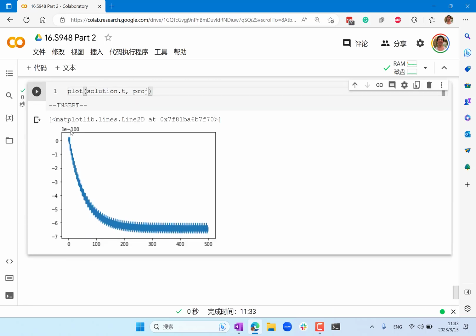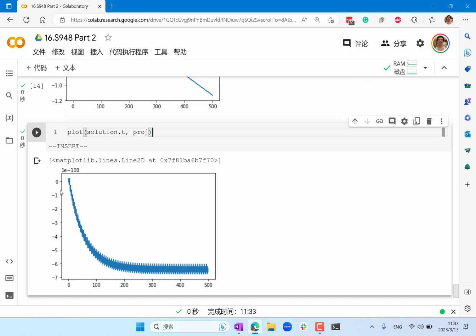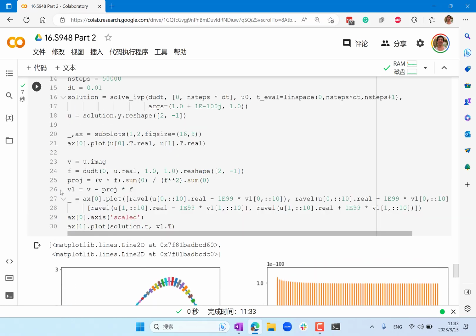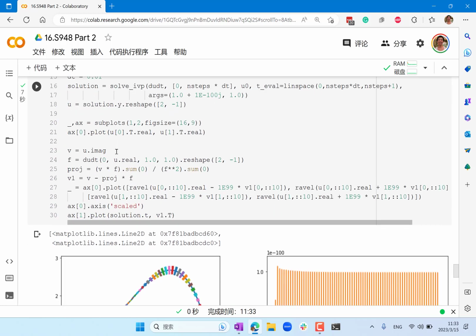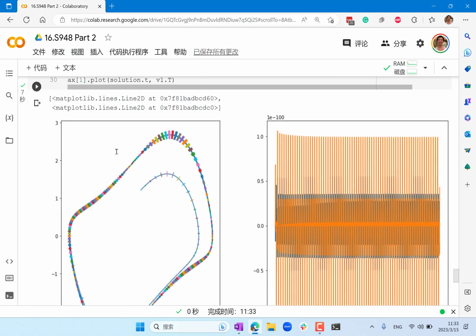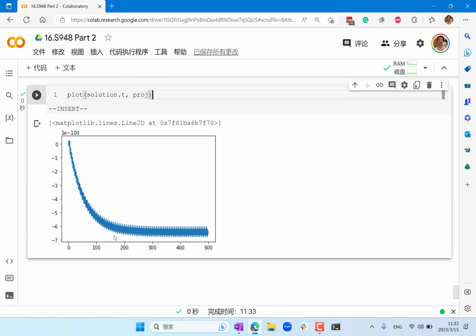Okay, we see that this projection actually, wait a second.